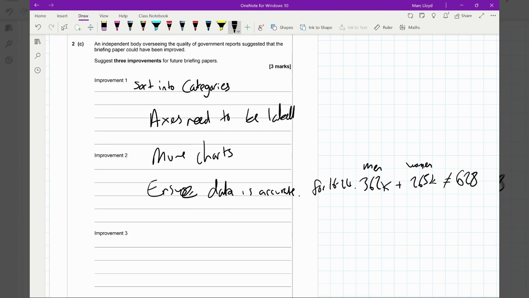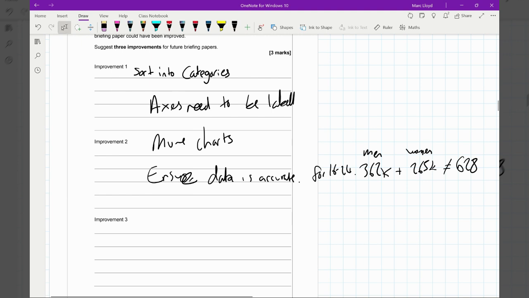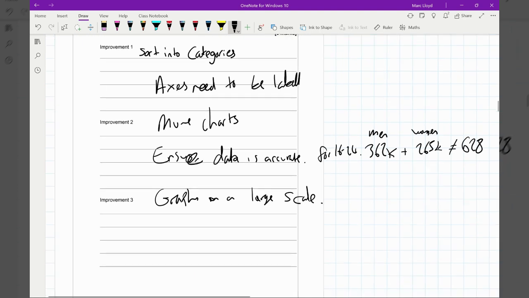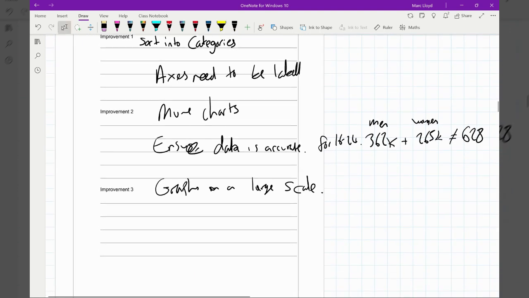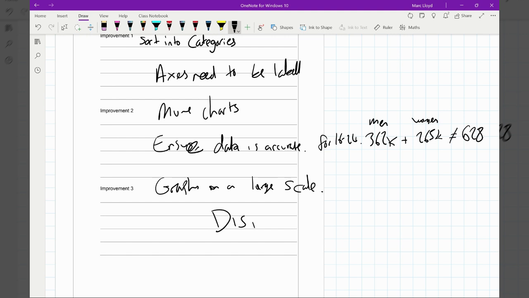They've also said graphs need to be more accurate on a larger scale. So graphs on a larger scale. And then you can just have any 3 of those. It also says display data in a table. Which would also work. Okay, that's that bit done.